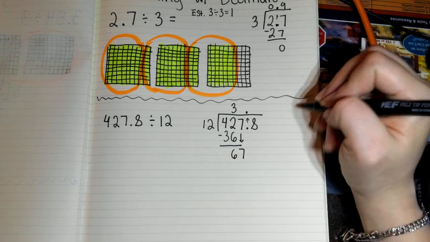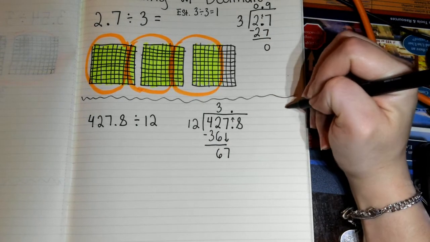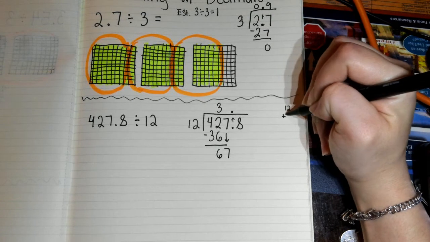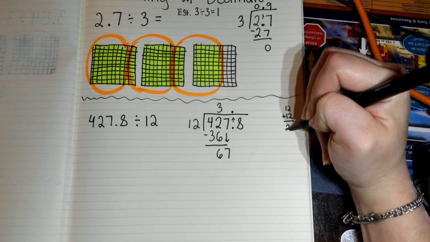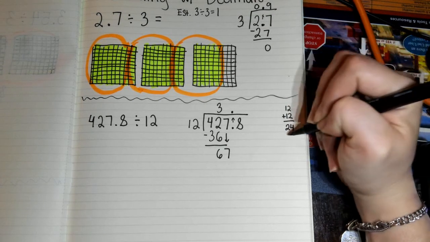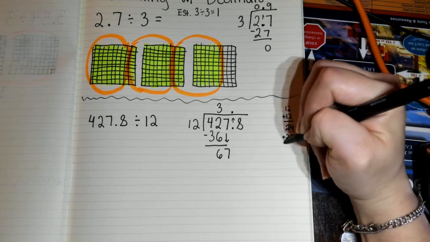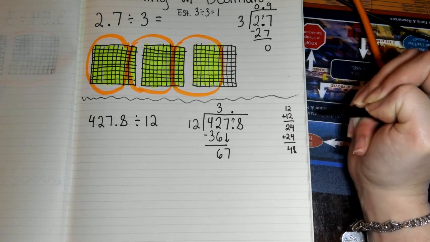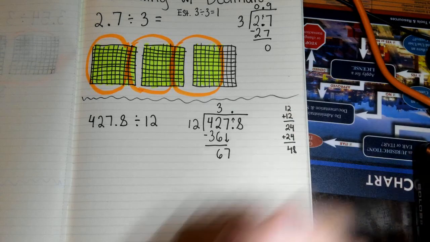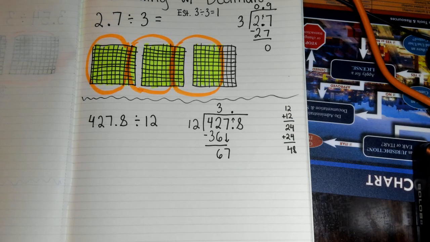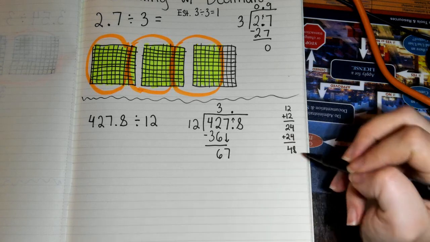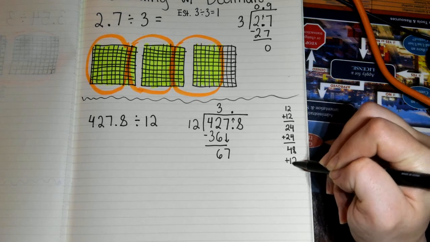So, of course, you're free to, on the side of your paper, do some addition. 12 plus 12 is 24. Okay, 24 plus 24 is 48. If I add another 24, I think it's going to go over 67. Just from thinking about it. So maybe I'm not going to do another 24. I'm just going to do a 12.